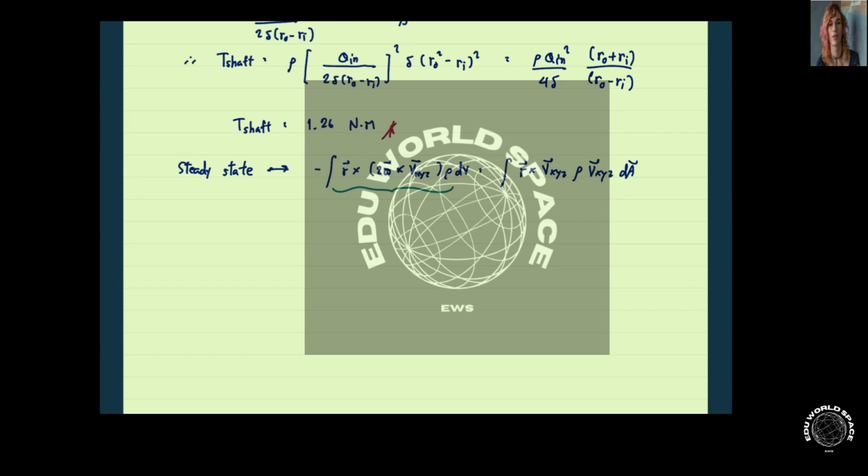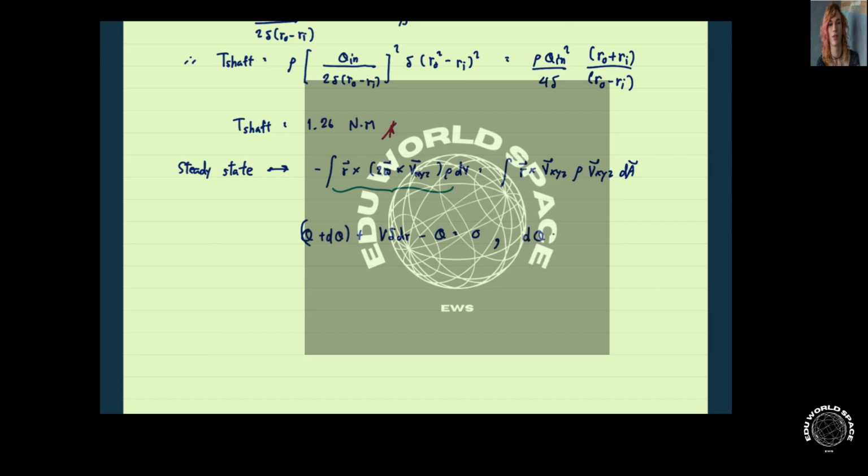And for the infinitesimal CV of length dr, you have that Q plus dQ plus V del dr minus Q equals 0.